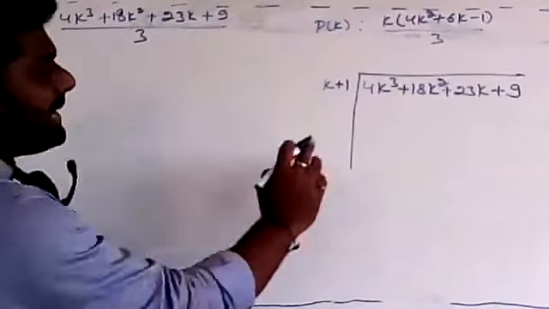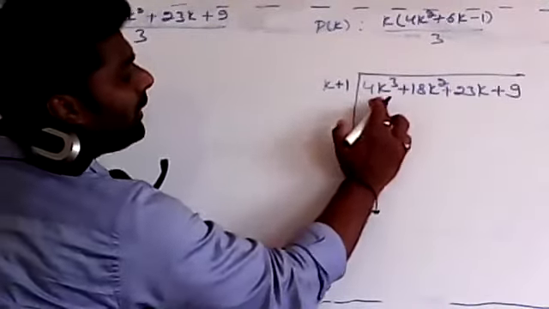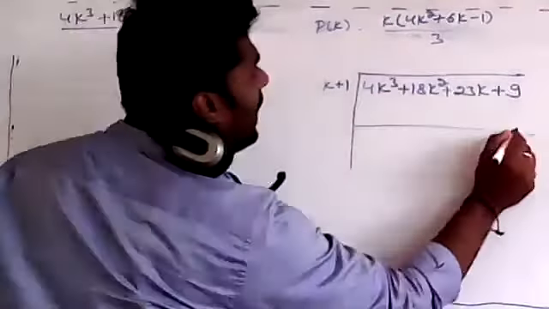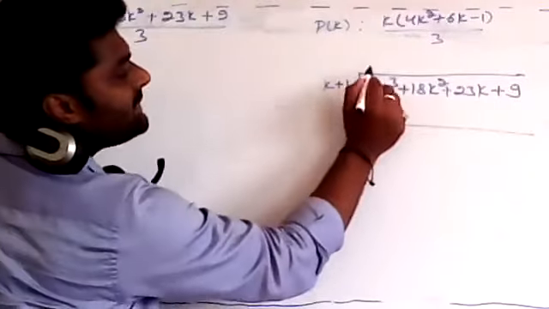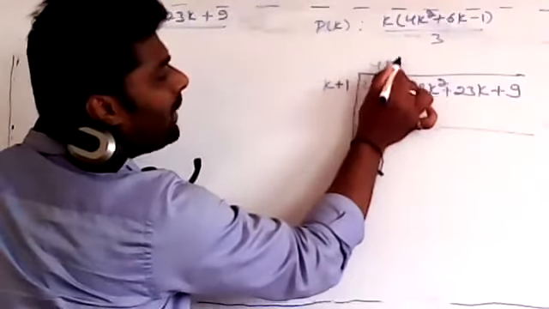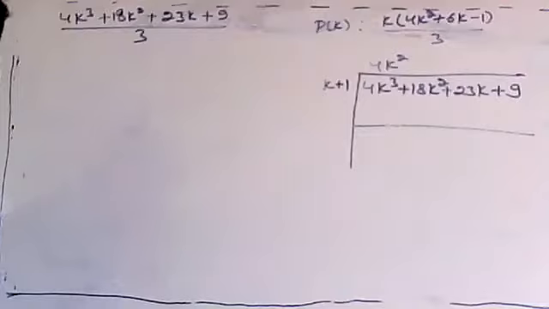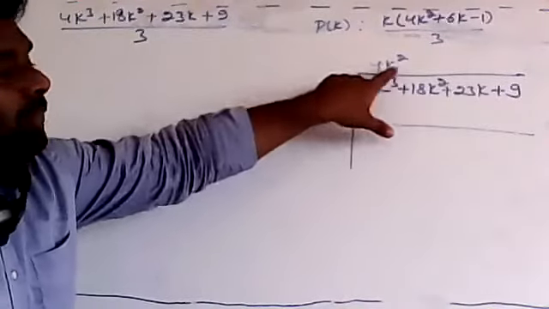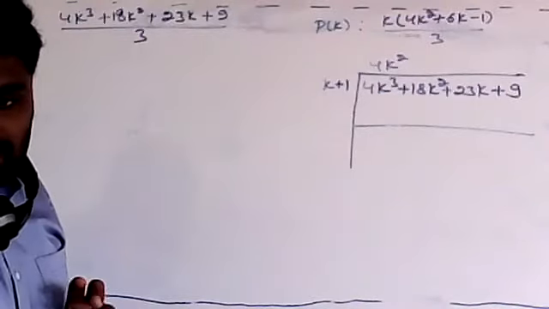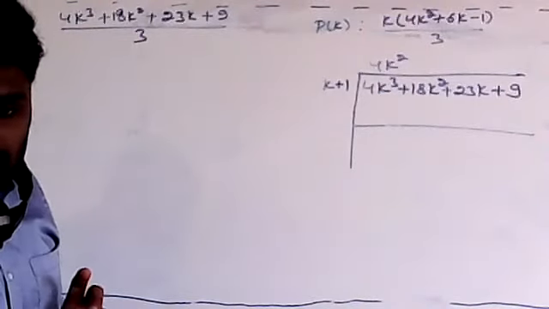Okay? Just balance for this one. We want here 4k cube, no? So how to make this one 0, 4k cube. Here k is there. To balance this one, what do you have to do? I have to multiply 4k square, no? To get 4k cube, I have to multiply k with 4k square. Clear or not?